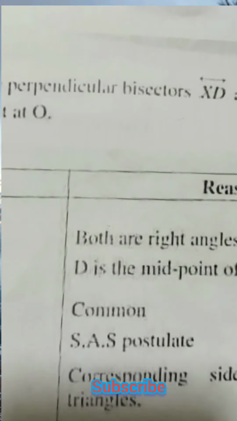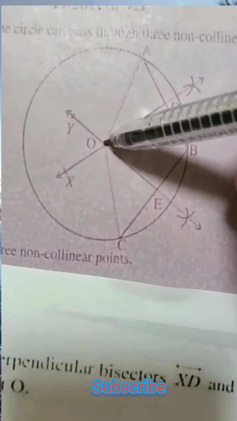Draw perpendicular bisectors XD and YE of AB and BC respectively, which intersect at O. For the line AB we draw one perpendicular bisector XD, and for the line BC we draw another perpendicular bisector YE. These two perpendicular lines intersect at O.